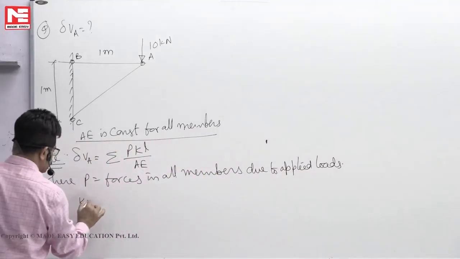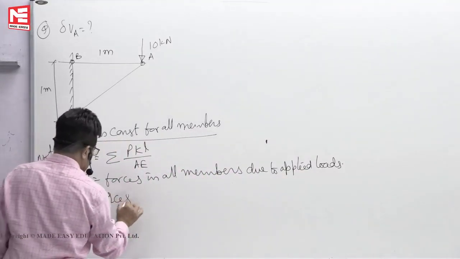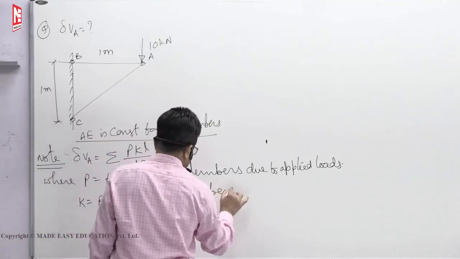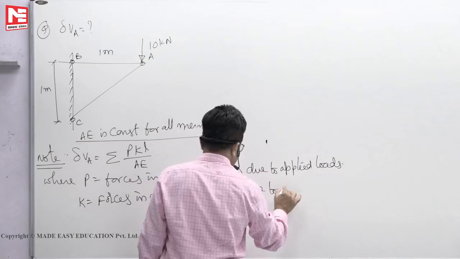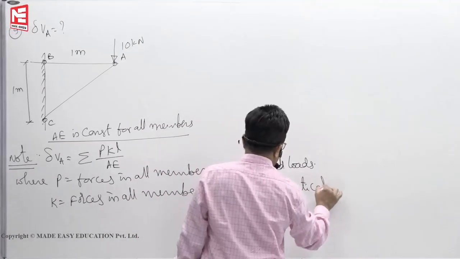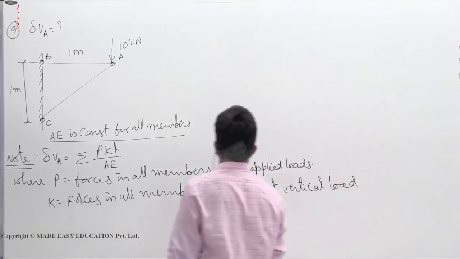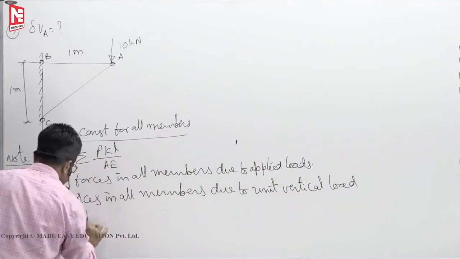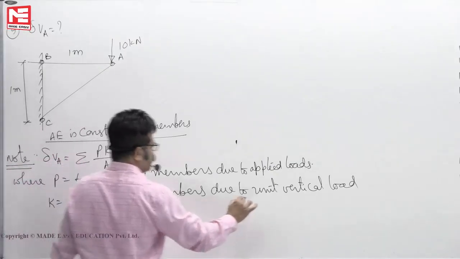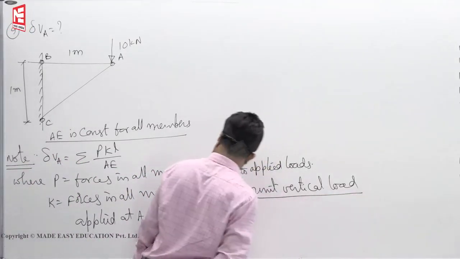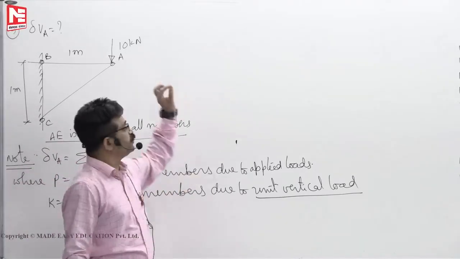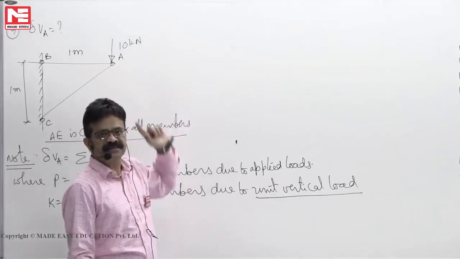K means forces in all members due to a unit vertical load applied at A. You have to apply a unit vertical load at A. Only one load you have to apply, one unit load, because you are finding the displacement of a single joint.